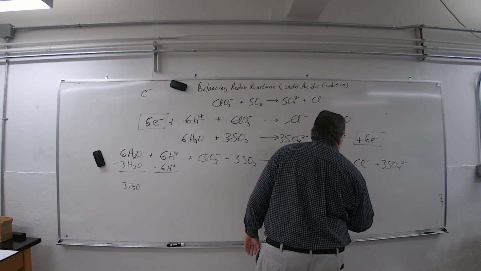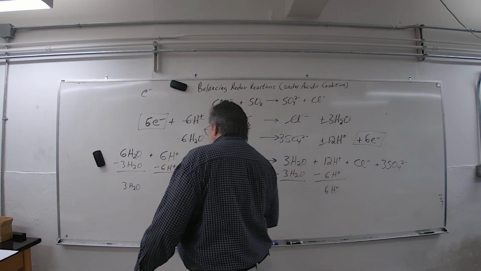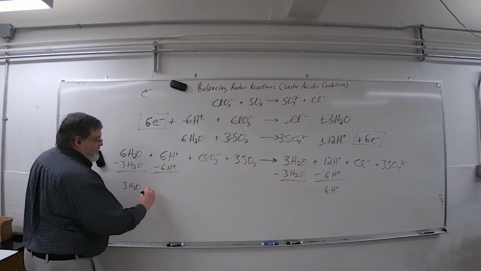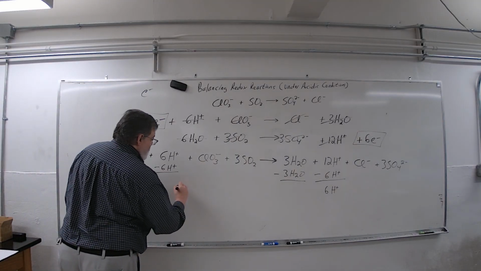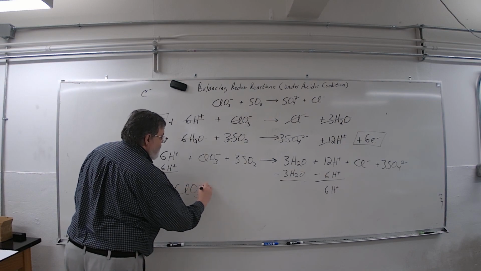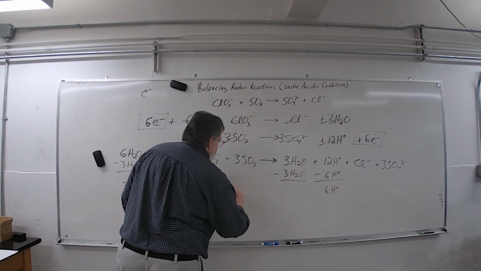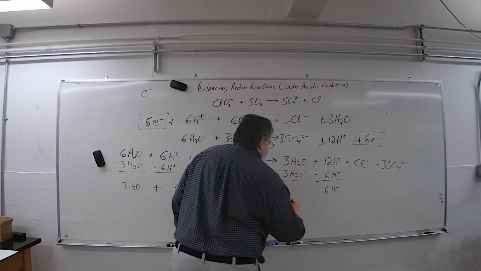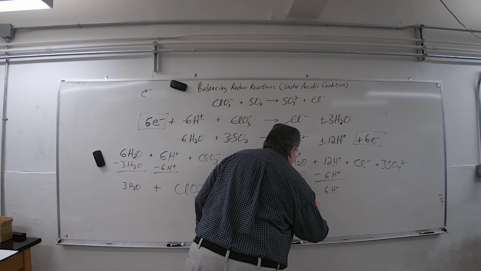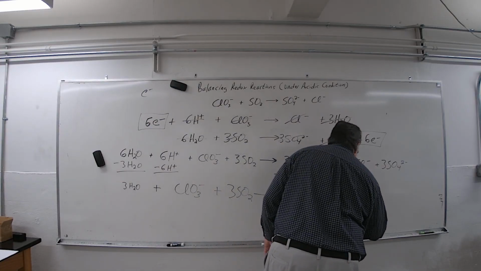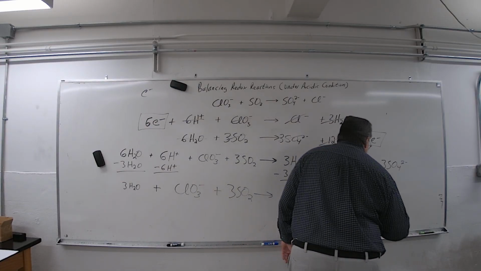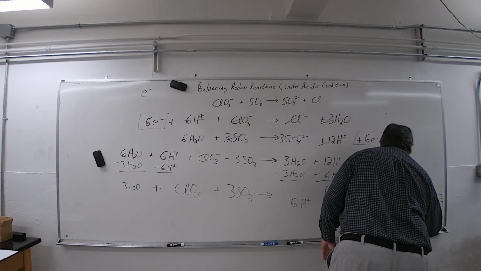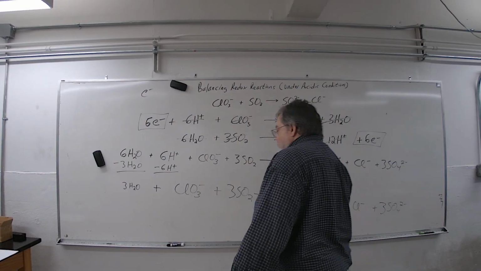Excuse me, 6 H plus left. And I think that does it. So it's 3 H2O plus ClO3 minus plus 3SO2. And over here we have 6H plus and then plus Cl minus and plus 3SO4. And that's it.